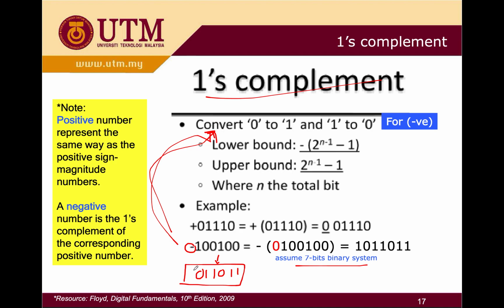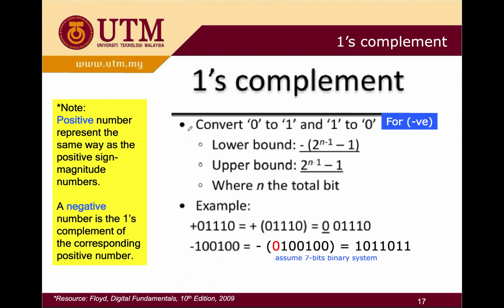But if let's say the question mentions it is a 7-bit binary system, you need to know that you have another bit. You need to complete all of them first before you can apply this method. So if you mention that it is a 7-bit binary, you need to know there is supposedly 7 bits: 1 2 3 4 5 6.